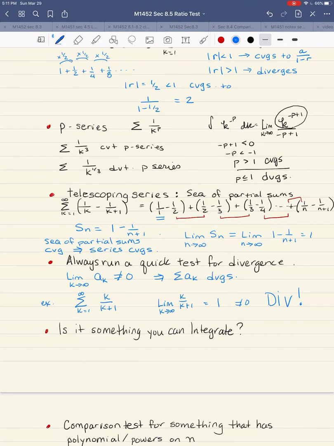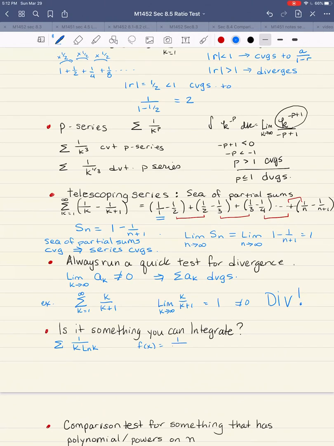So one of the other things that you can try is, can you integrate it? By now you should have some idea of what you know how to integrate. An example is maybe you want to test the series 1 over k times the natural log of k.